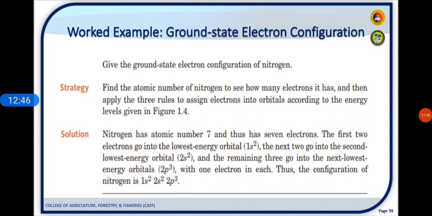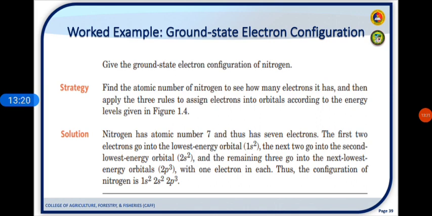Find the atomic number of nitrogen, which is 7, to see how many electrons it has. Then apply the 3 rules: the Aufbau principle, the Pauli exclusion principle, and Hund's rule, to assign electrons into orbitals according to the energy levels. Nitrogen has atomic number 7, and thus 7 electrons.